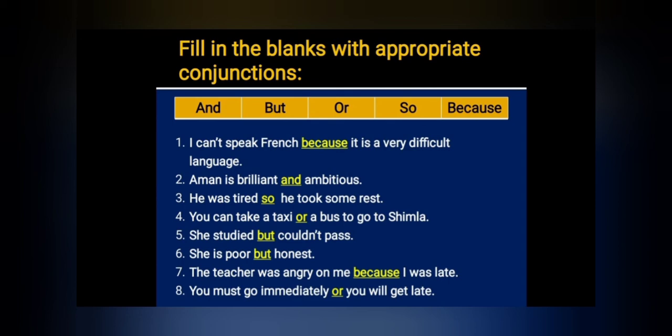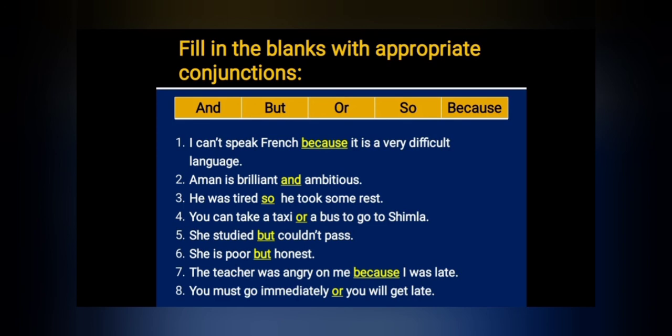Next is, he was tired, so he took some rest. The answer here is so, because it is telling the result of the previous action. He was tired, so he took some rest.